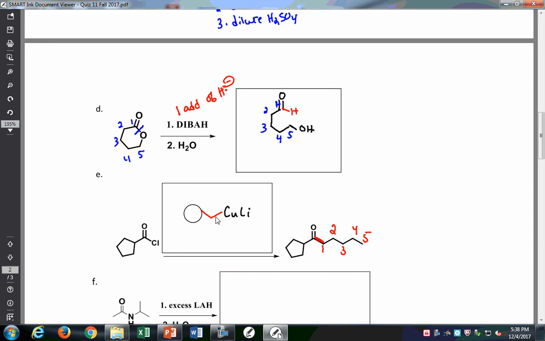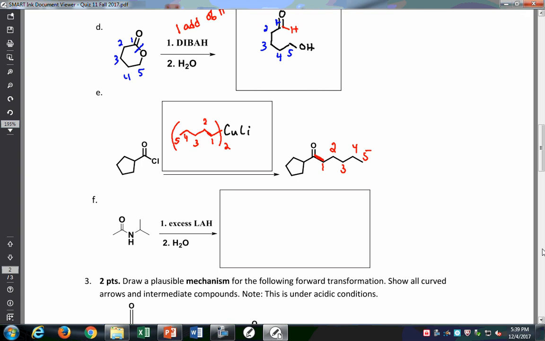And we have two of that same R group attached to copper. But it only adds once to either the acid chloride or the anhydride. And you get the same answer with the anhydride. It's just sometimes the anhydride is easier to work with.